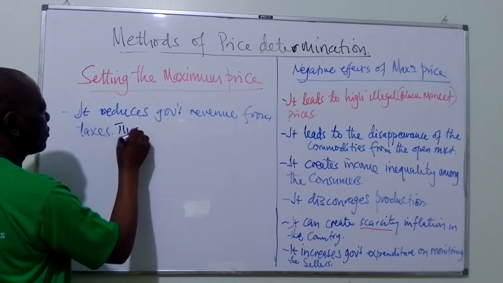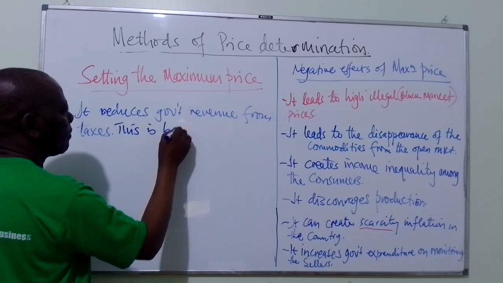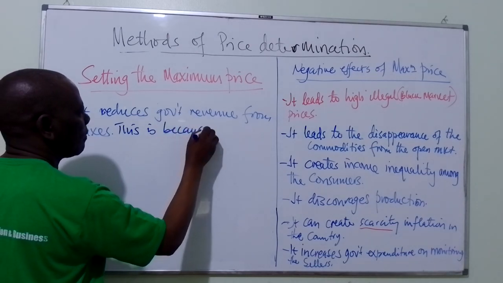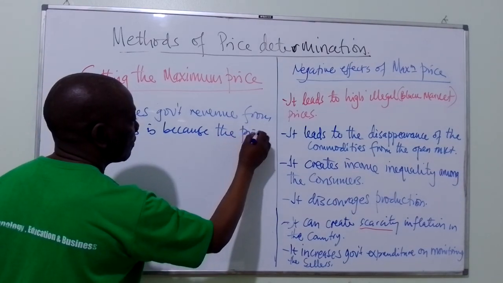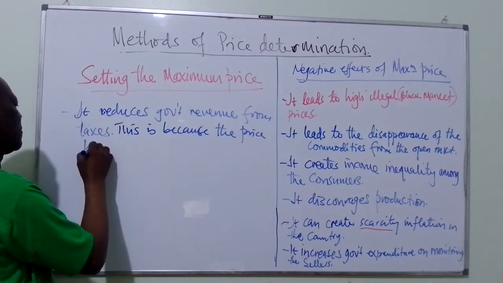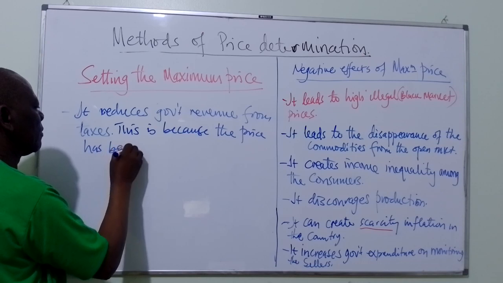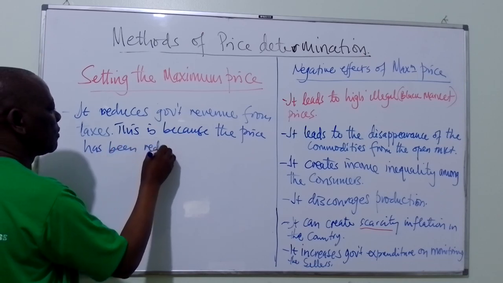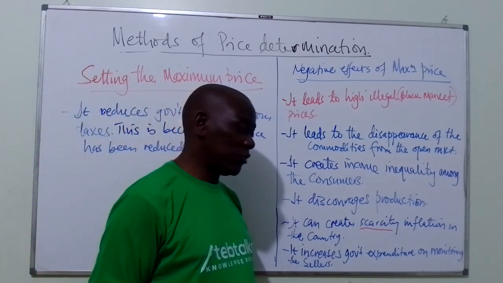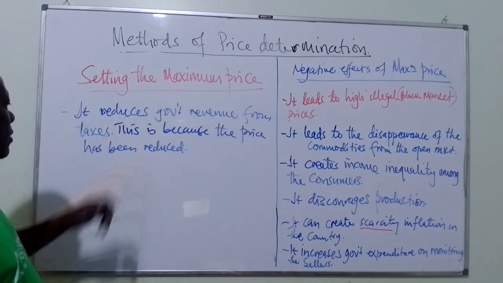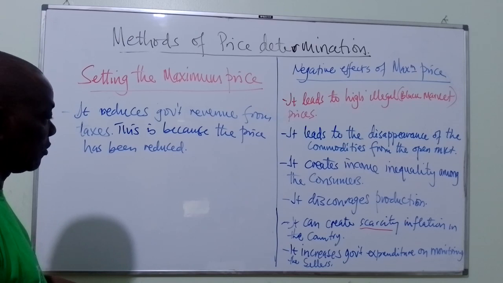This is because the price has been reduced. So government revenue has to reduce. Why? One, the price has been reduced.